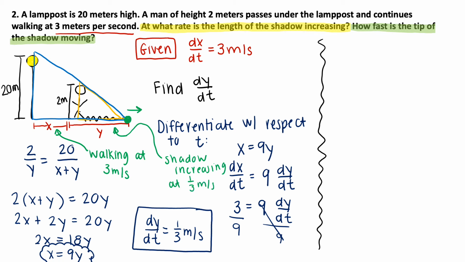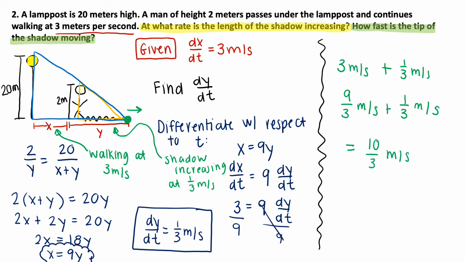So in total, that tip of the shadow is moving at both of those rates. So it's 3 meters per second of the walking plus the 1/3 meters per second as that shadow grows. I'm going to write this 3 as 9/3 plus 1/3. So the tip, the end of the shadow, is actually moving at 10/3 meters per second.